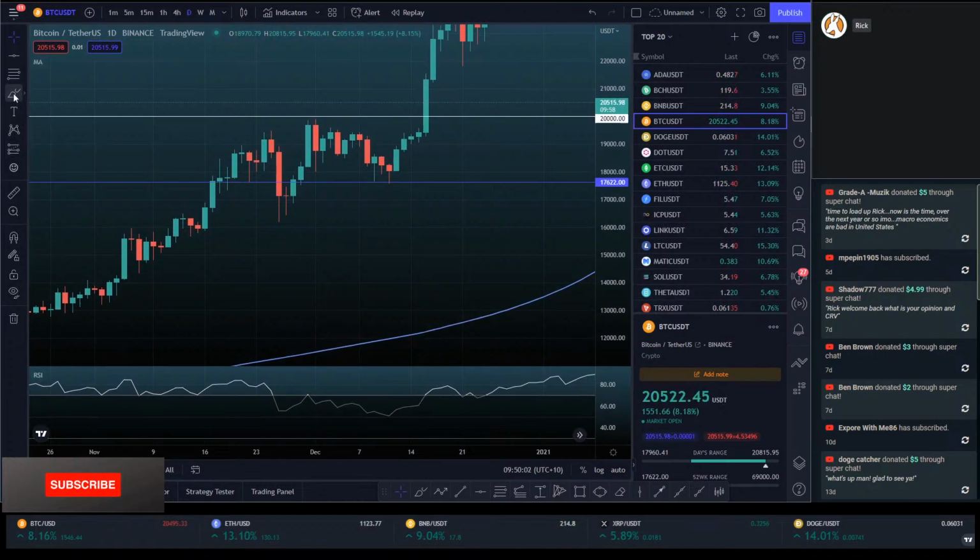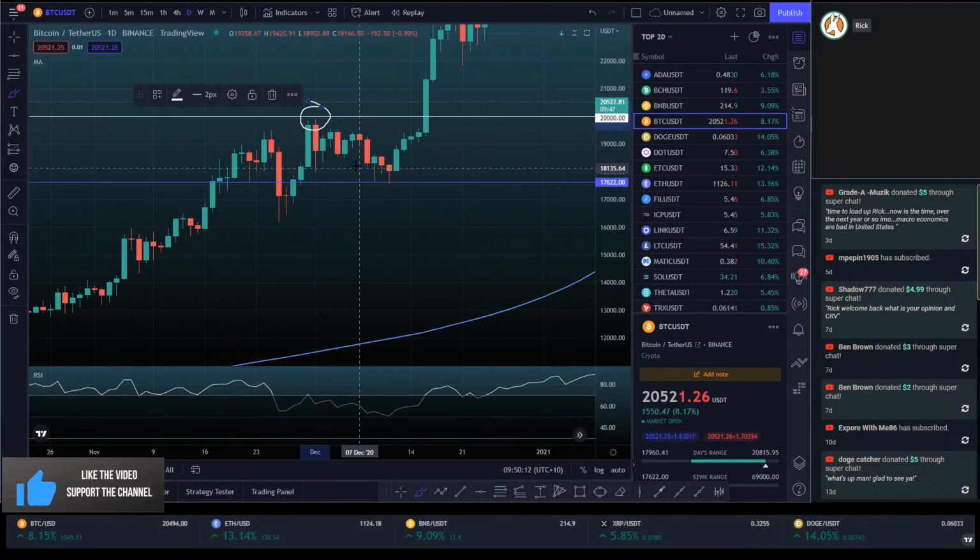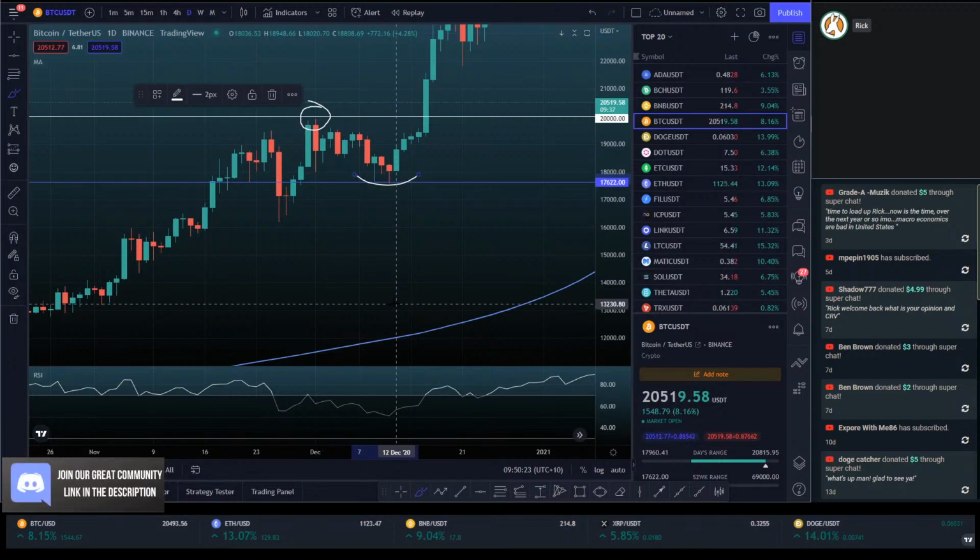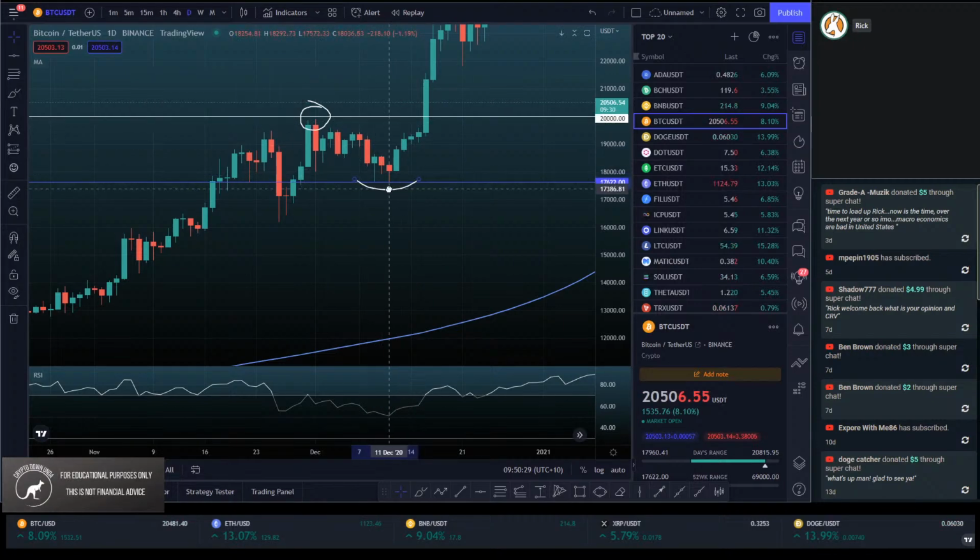So right here, you can see price broke up, hit the 20K all-time high, got rejected and fell back. And this was a number of days after attempting the all-time high that got rejected. It came back and found support right here. So this is like a historical level of previous support that is being found again.